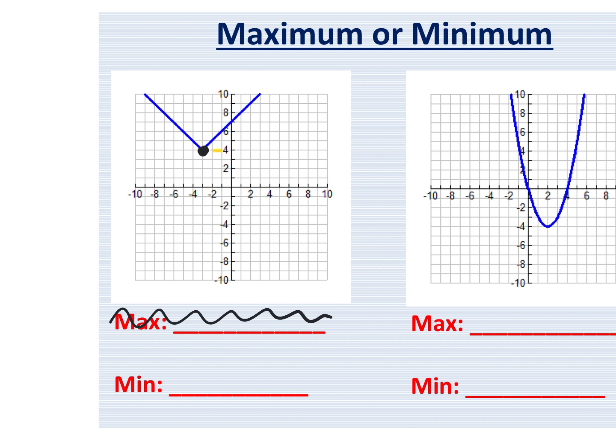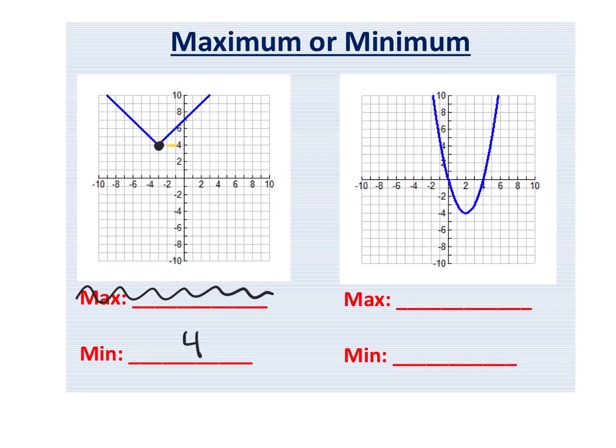Listen, thank you. It's at 4. We just talked about it. Max or min goes with your y-axis. Increasing, decreasing is x. Max and min is y. So it's a minimum at what number? 4.